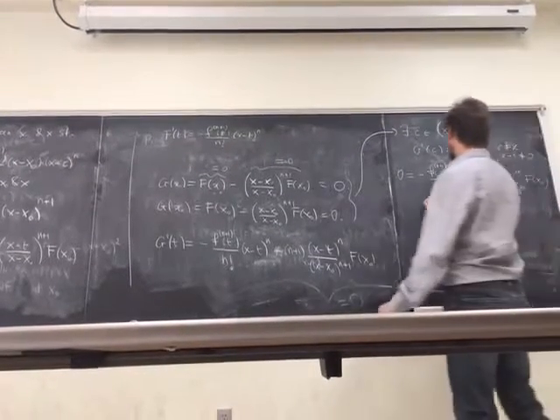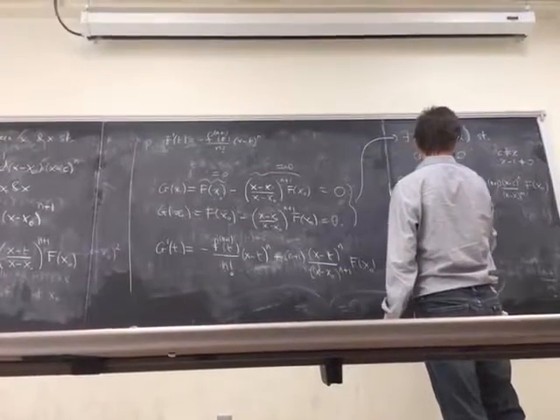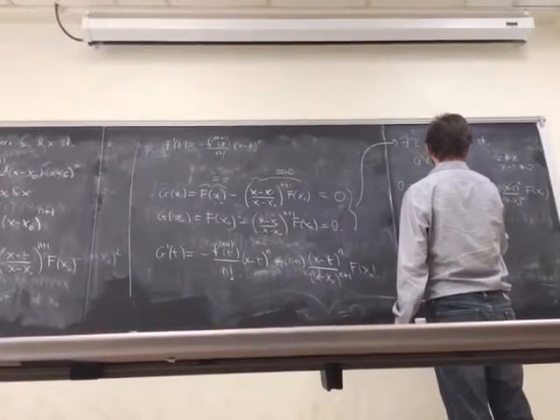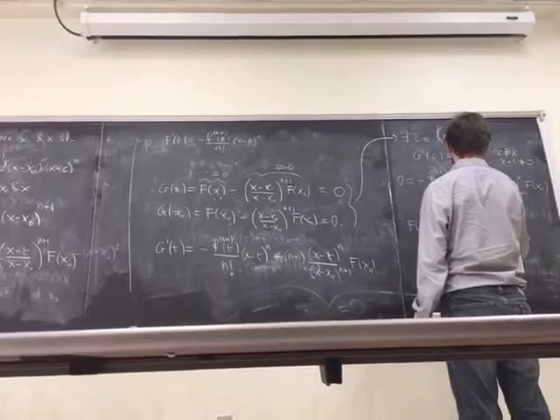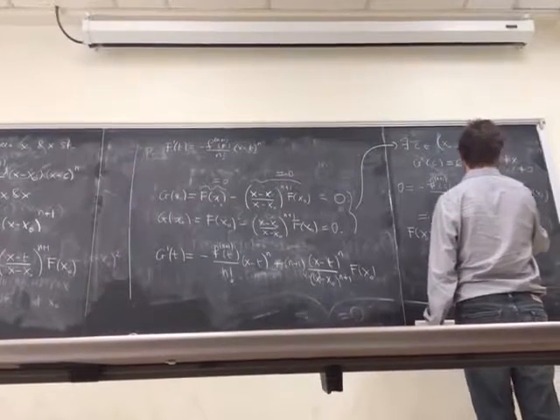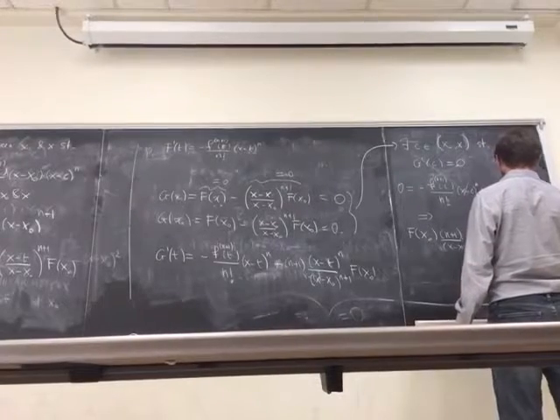What you find if you do that is that f of x naught times n plus 1 over (x minus x naught)^(n+1) will be equal to f^(n+1) of c divided by n factorial.